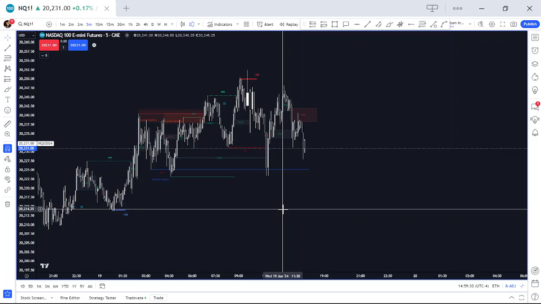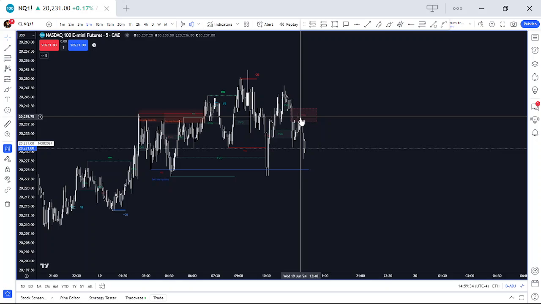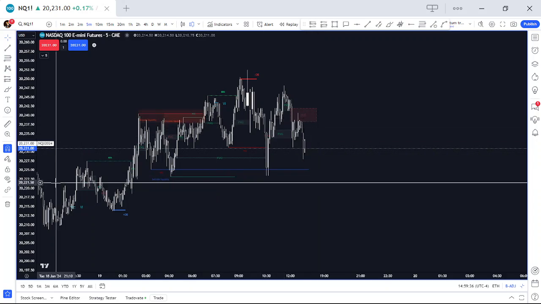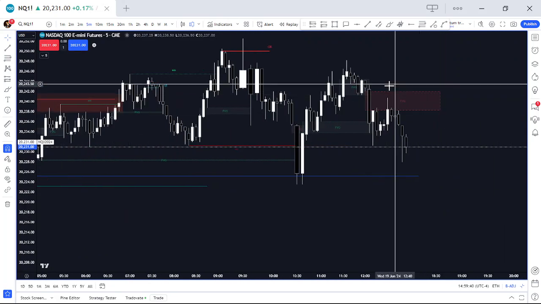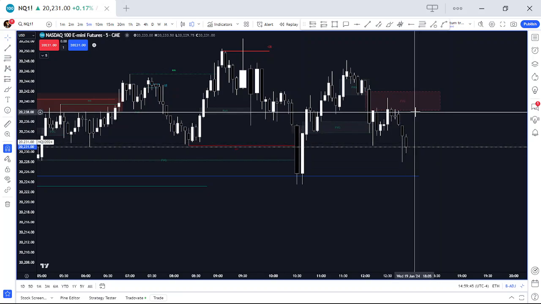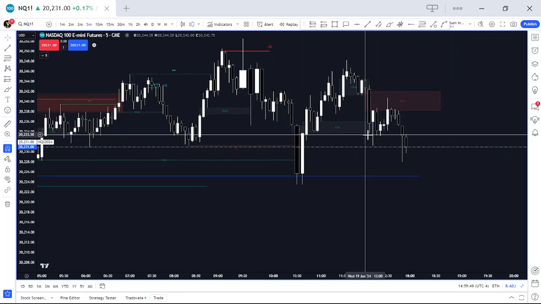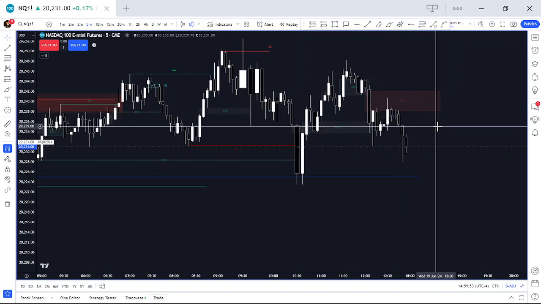so that is that. Your fair value gaps, FVG, are shown here. Now this fair value gap is active. But what you can notice about it, the outline is a dotted line. That means the fair value gap has already been pushed into at some point.